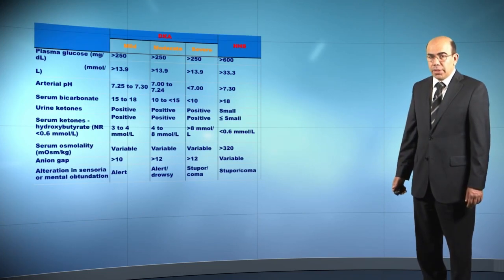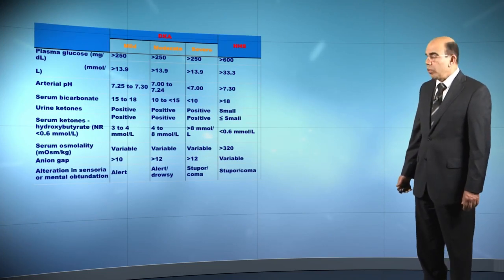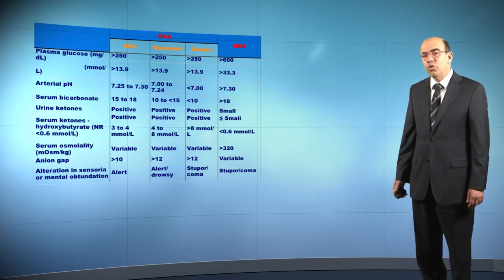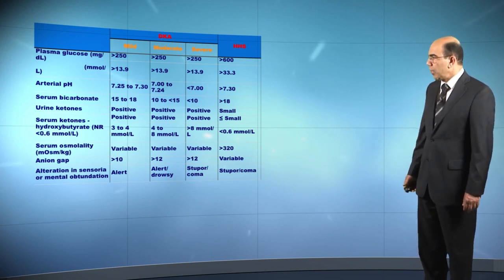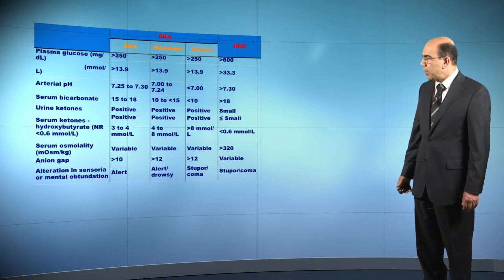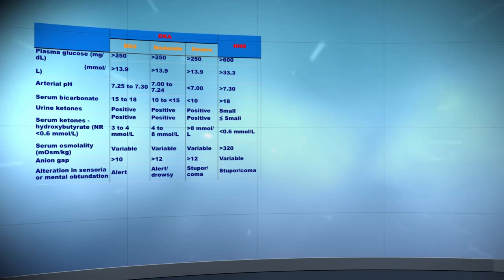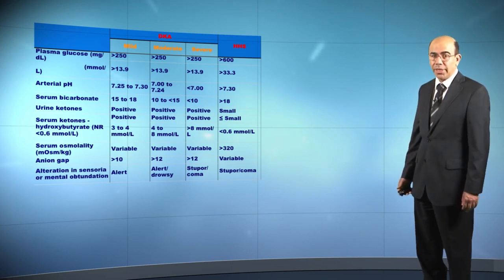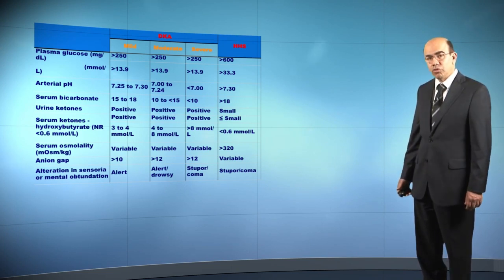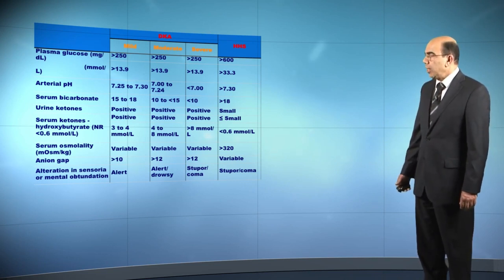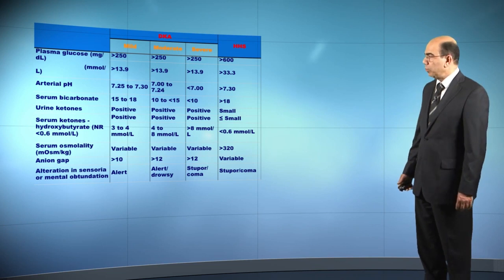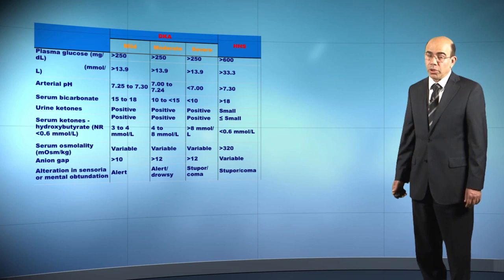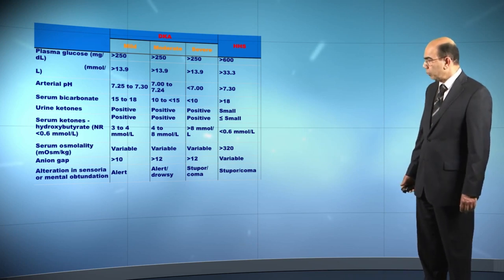This table essentially lists the differences between diabetic ketoacidosis and HHS. As you can see, hyperglycemia is prominent across the two states. However, it's much more prominent in HHS, with blood sugar usually more than 600 milligrams per deciliter. In DKA, pH is usually depressed, there is acidosis, while in HHS, the pH is usually more than 7.3.